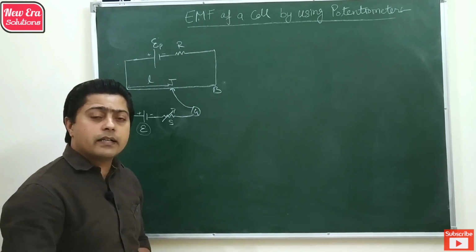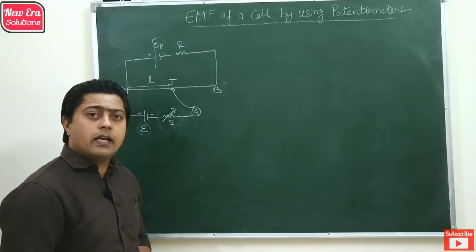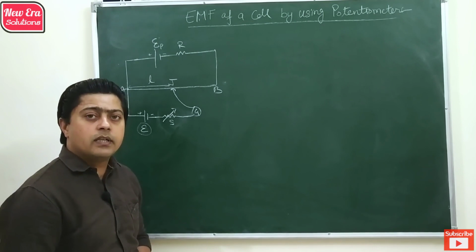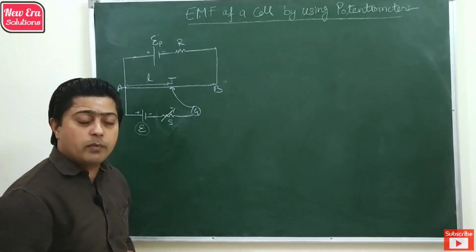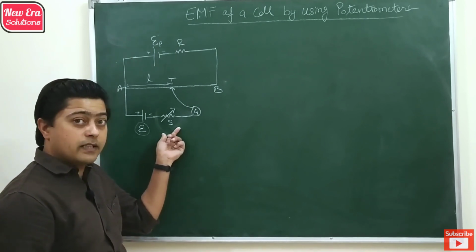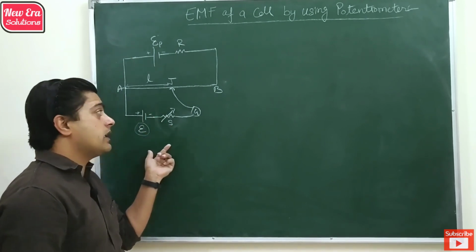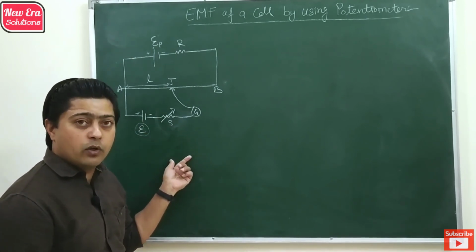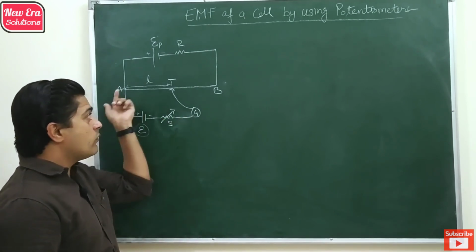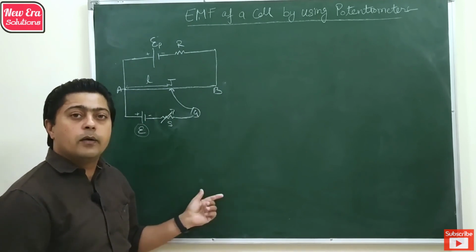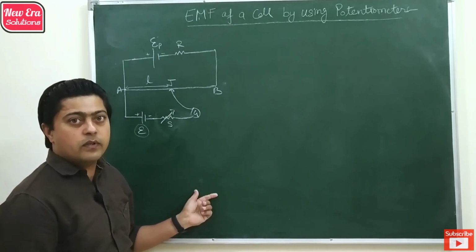So you can rectify your connections and resolve that problem. Then we use that high resistance to protect the galvanometer, because very high resistance reduces the secondary current flowing through the galvanometer. But the variation in this resistance will not change the balance length of the potentiometer.